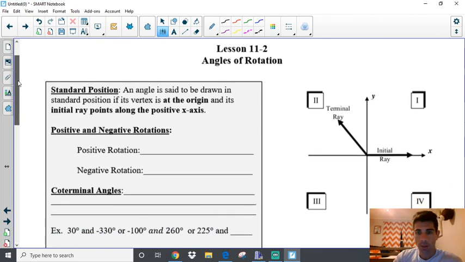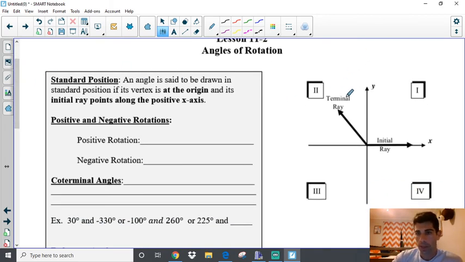Okay, so here's our basic axes with our first, second, third, and fourth quadrant. What we're used to doing, if you already went through geometry, is measuring angles in this direction, the counterclockwise direction, starting from the first quadrant.